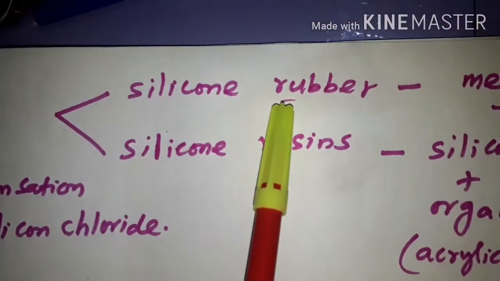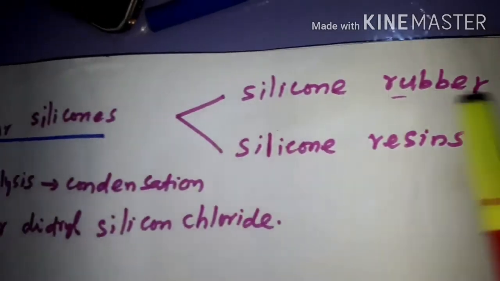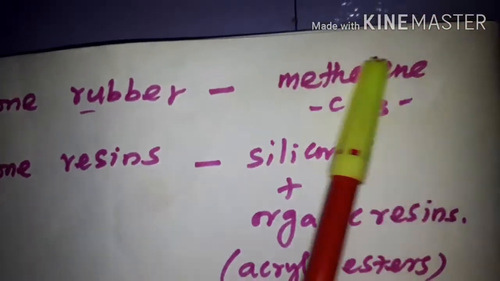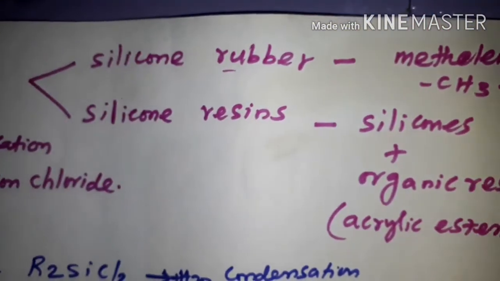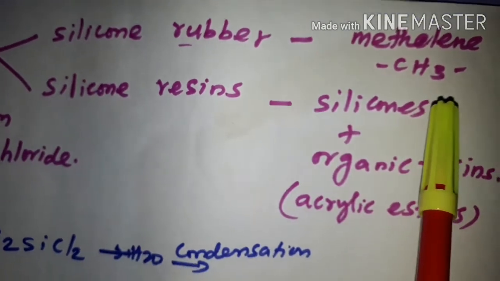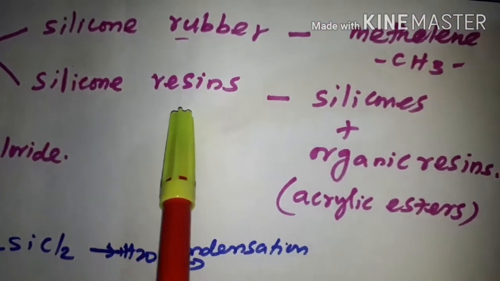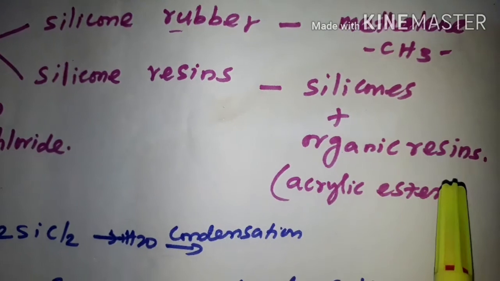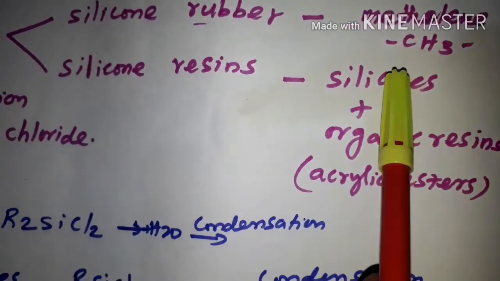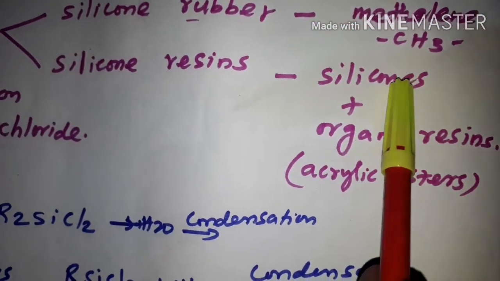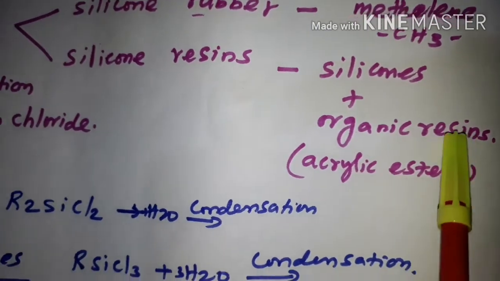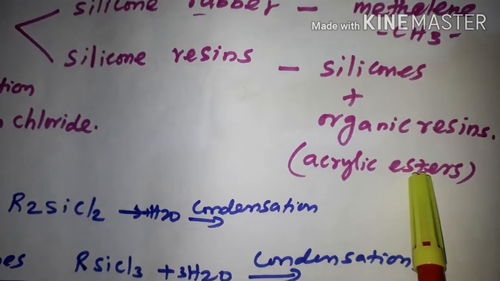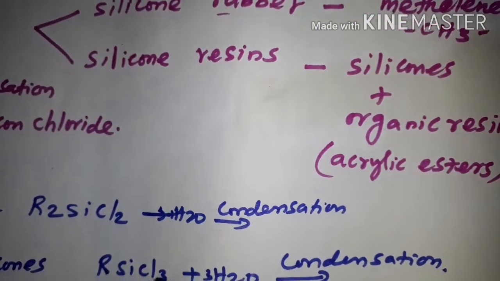Then in silicon rubber, methylene is added, that is CH3 group is bound in the bridge. Silicon resins, when an organic resin is added to normal silicones, for example acrylic esters, we are getting silicon resins.